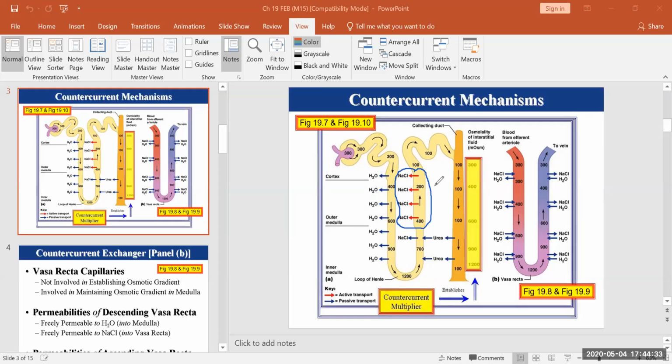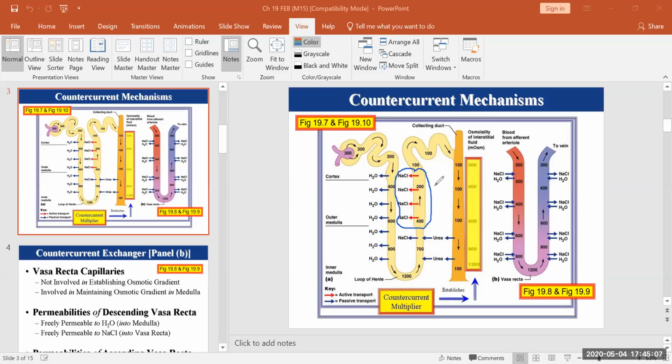The space that is basically outside of the loop of Henle and outside of the vasa recta. It's just that space outside of the vessels, outside the cells, okay? And that is what sets the tone. That step is the actual step that begins to create that osmotic gradient from the renal cortex, the outer medulla, to the renal inner medulla.